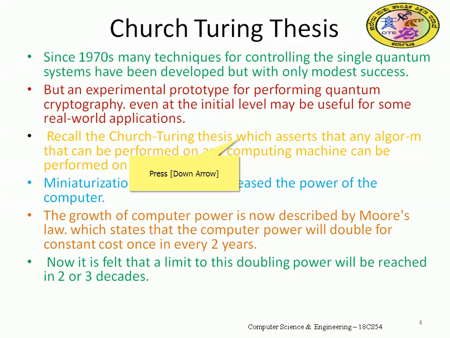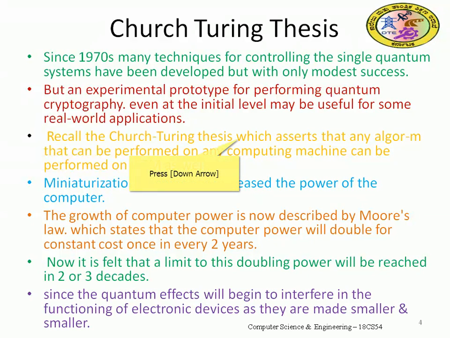By observing this, the potential of computing has limits with respect to our problems, the problems that arise in industry or in human life. The limit will be reached in 2 to 3 decades since quantum effects will start to interfere in the functioning of electronic devices as they are made smaller and smaller.